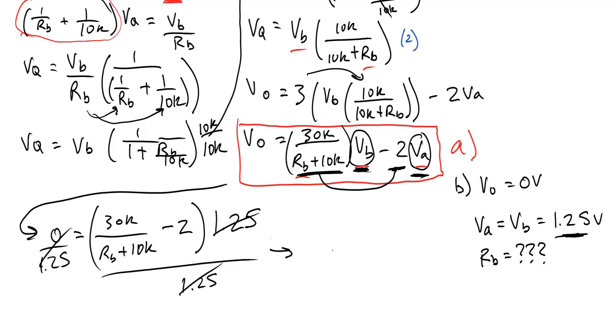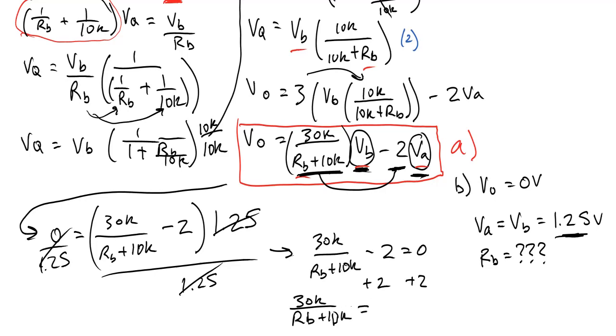And we end up with 30K over RB plus 10K minus 2 equals 0. So let's add 2 to both sides. Then we get 30K over RB plus 10K equals 2.